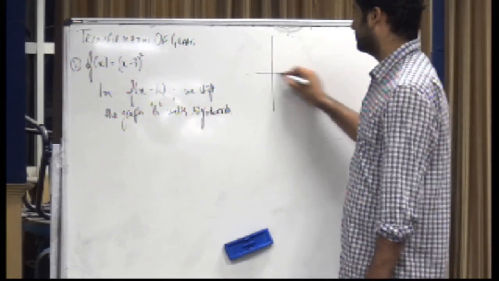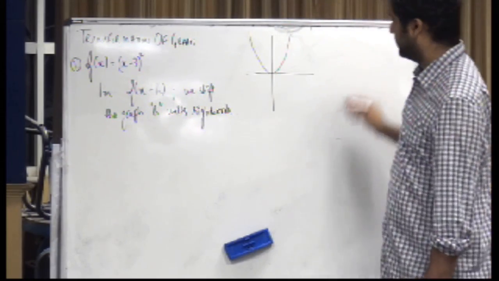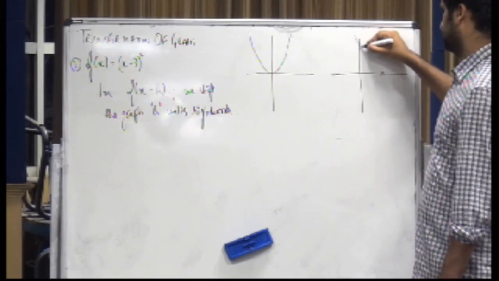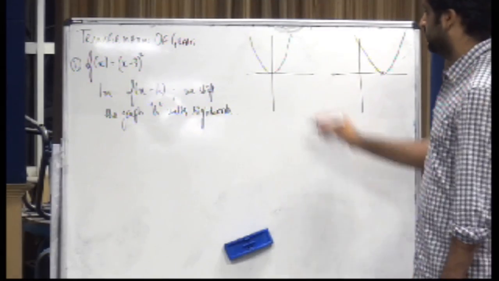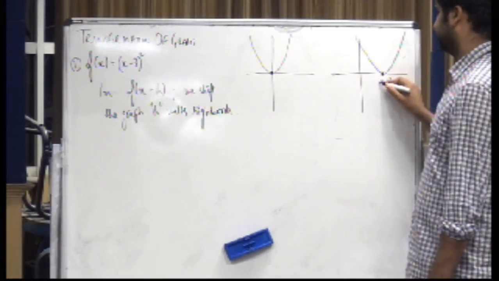So if the graph of x square was this, the graph for x minus 3 square will be this. The point 0 comma 0 shifted to 3 comma 0.